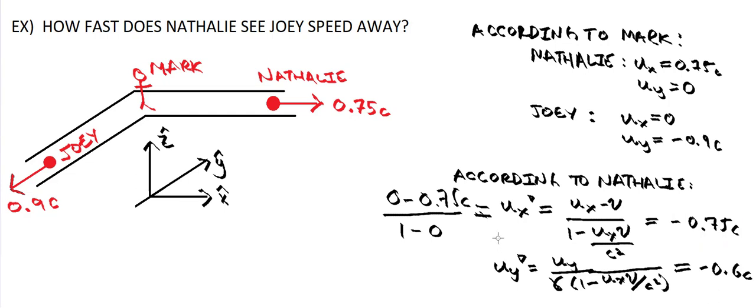Similarly, we could figure out what Natalie would measure for Joey's speed along the y-axis. And so if we plug in Mark's measurement of Joey's speed along y of minus 0.9 c over gamma, remember gamma is 1 over the square root of 1 minus v squared over c squared.